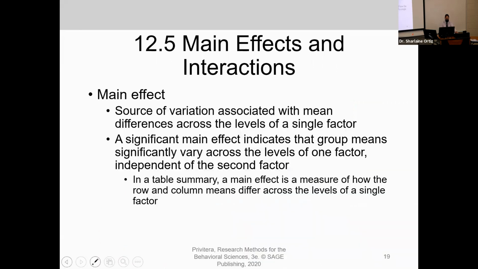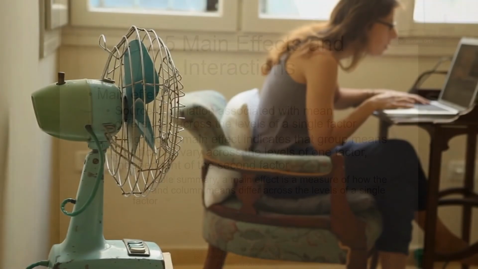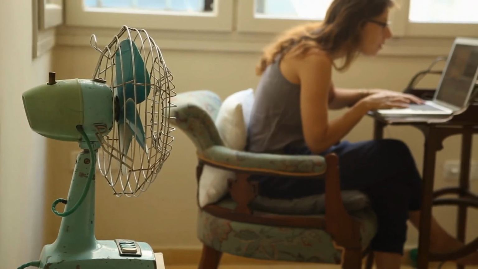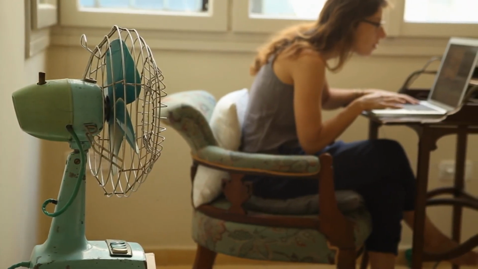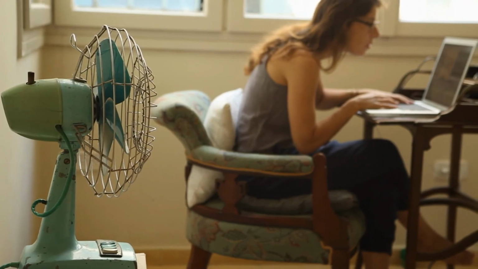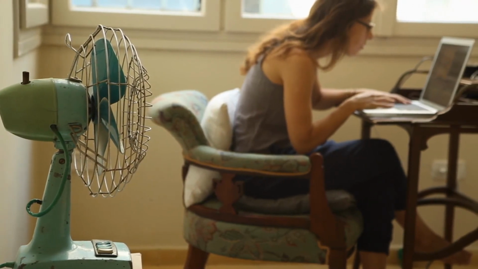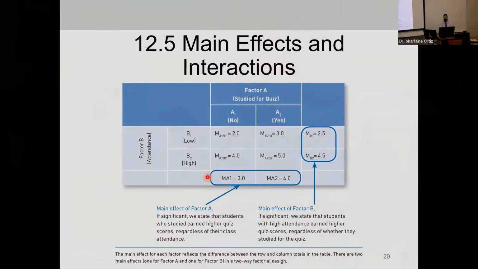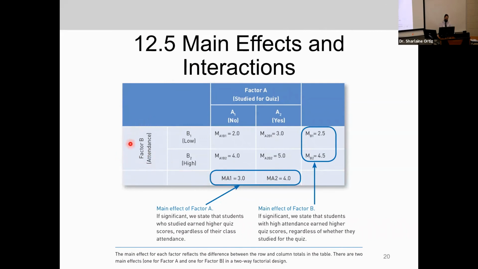So if we revert back to our previous slide, we are looking for that significance independently of the second factor. Because the students studied, factor A, they still had higher scores irrespective of factor B, therefore their attendance.